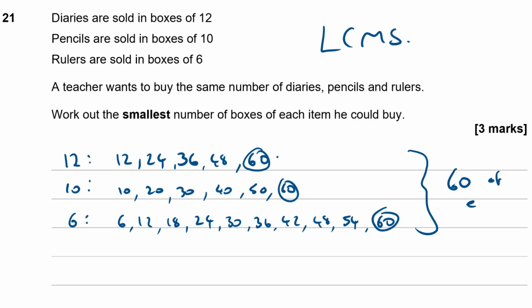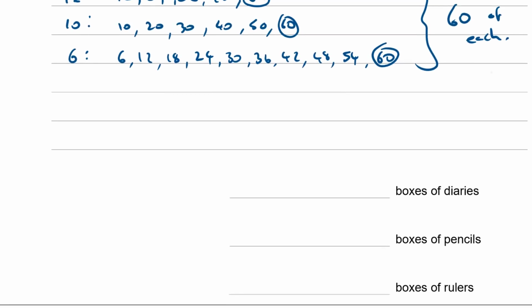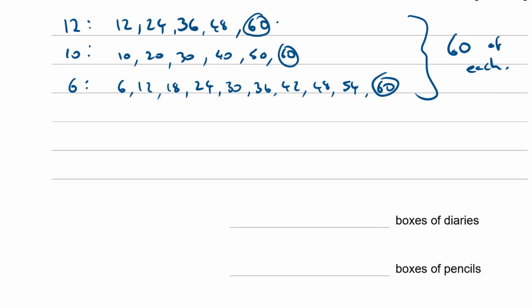60 of each. Okay? So if we wanted 60 diaries and they come in boxes of 12, we're going to need 1, 2, 3, 4, 5 boxes, aren't we? 5 boxes of diaries will give us 60 diaries. How many boxes of pencils?